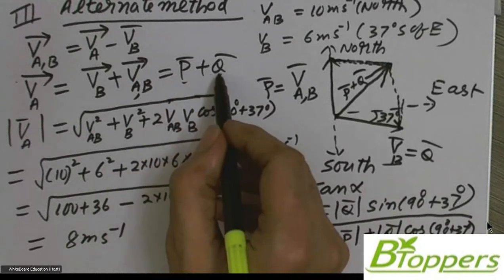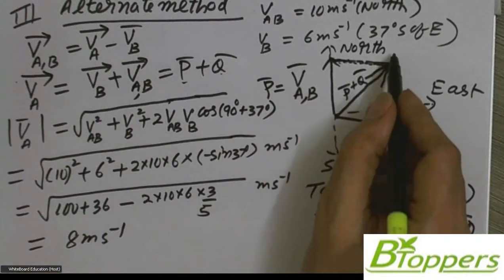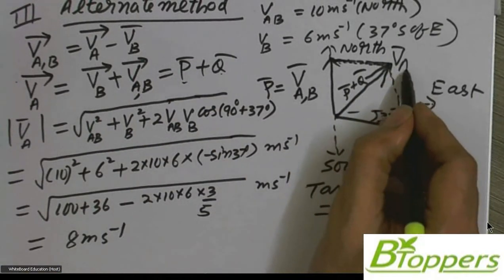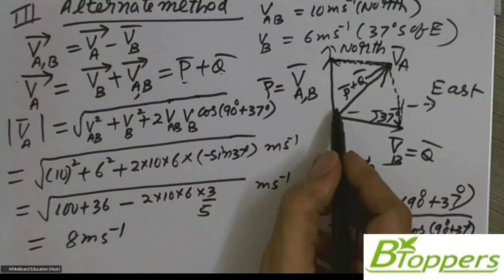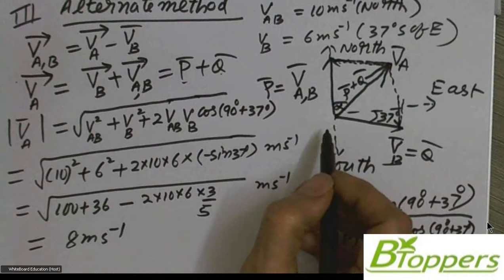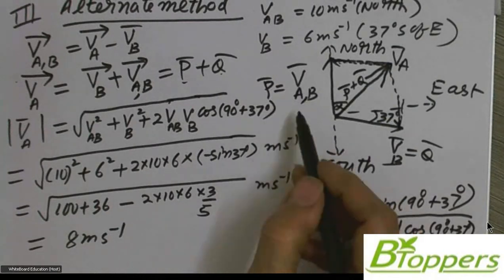Here P bar plus Q bar gives you VA bar, meaning the diagonal represents the actual velocity of the body A, which makes angle alpha with P bar, the north direction.